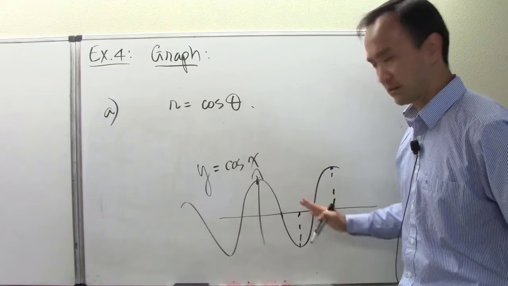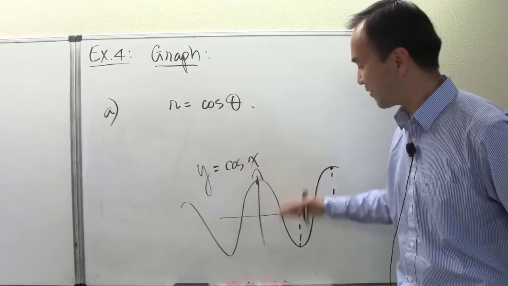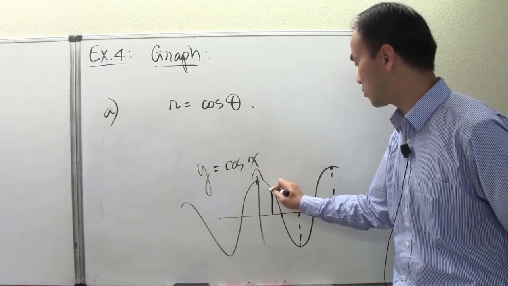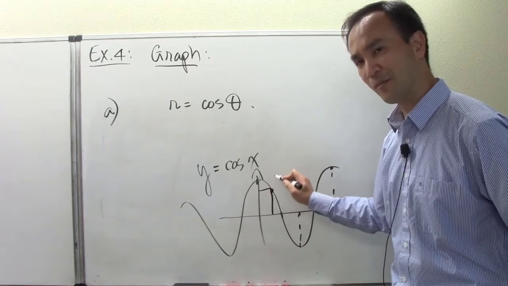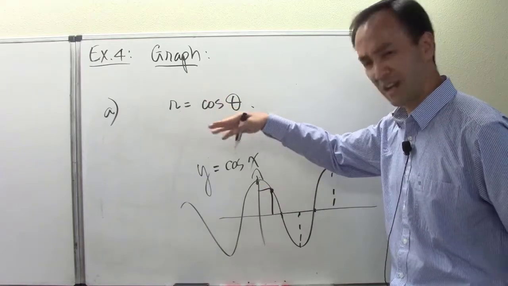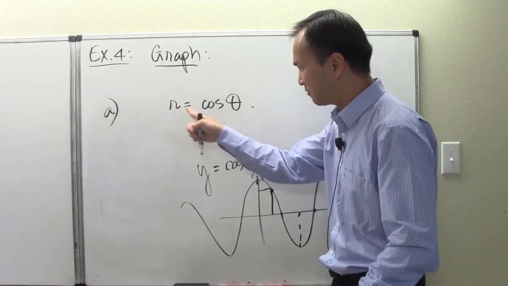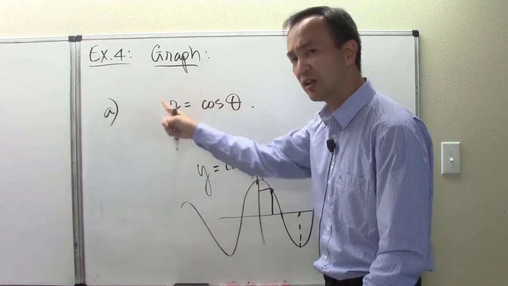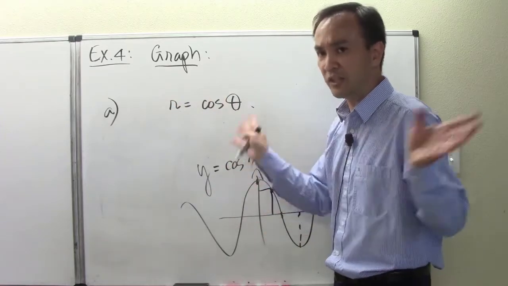But this is not the graph we are expecting, because here x and y are rectangular coordinates. Even though it's true, this is not the kind of graph we're expecting. A variable's name is just a variable name. If you're seeing these as rectangular coordinates, then yes, the graph is going to look like this, and end of story. There's no need to learn anymore.